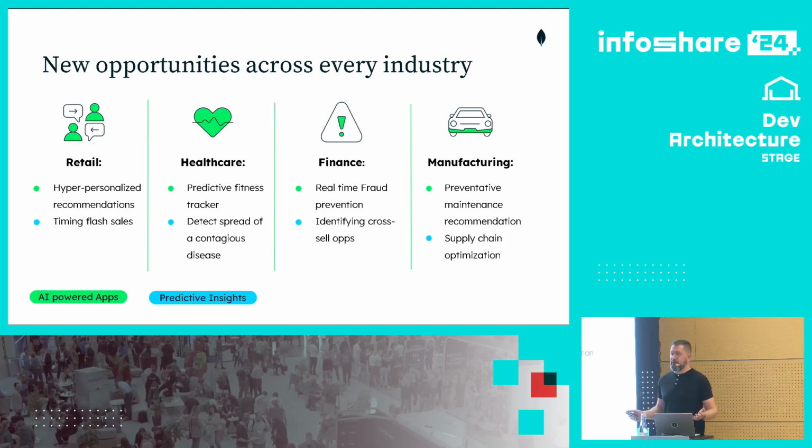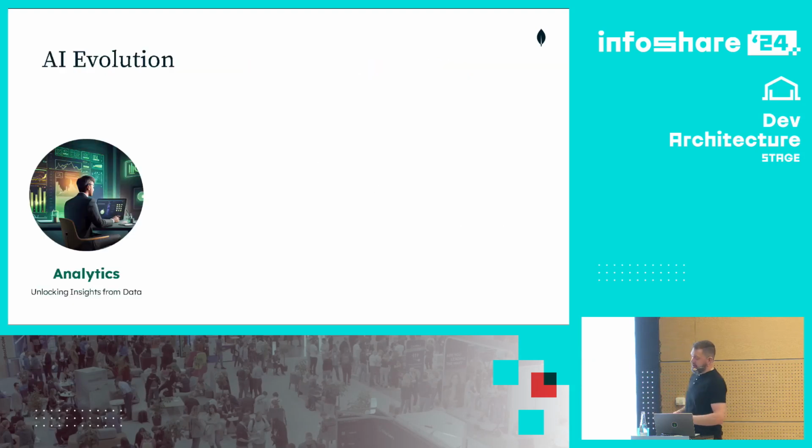These are very different use cases, but they're all unified in their critical need to work with the freshest data in order to achieve their objectives in real time. But how did we get to this stage of AI? Let's look at a quick evolution of AI.